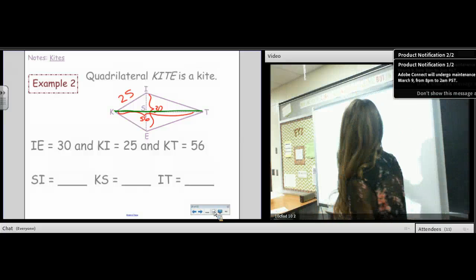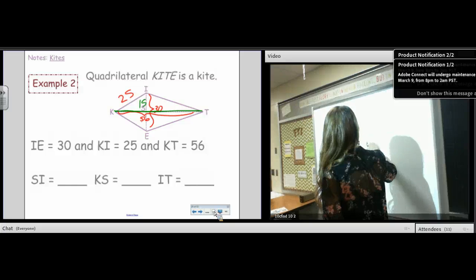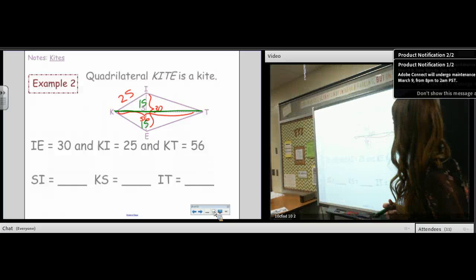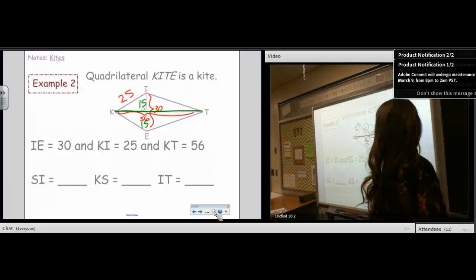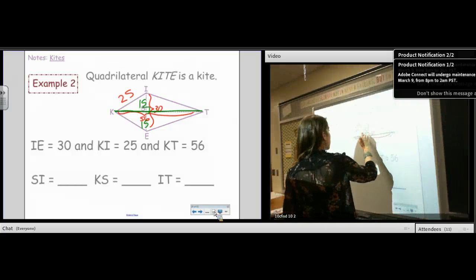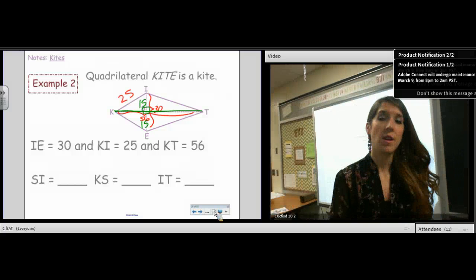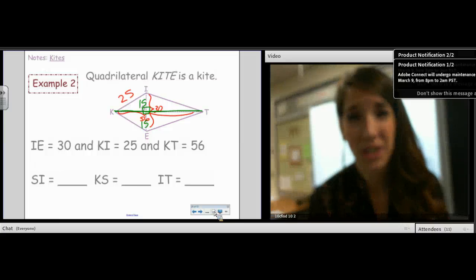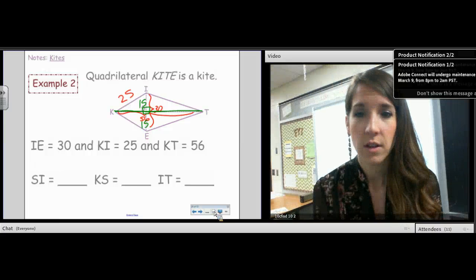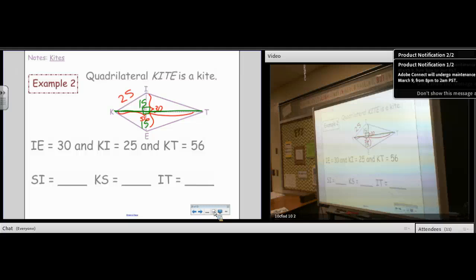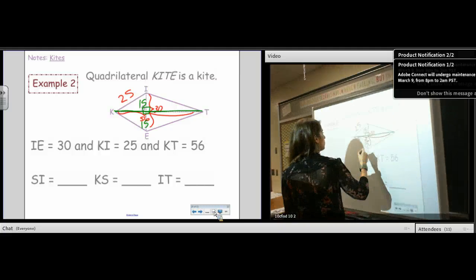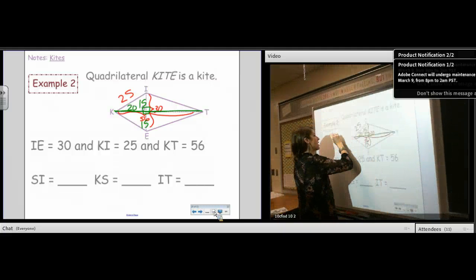Good job. 15, 15. In a kite, just like in a rhombus and a rectangle really, and a square, you get to do Pythagorean theorem a lot because you've got lots of right triangles. So you're going to want to do Pythagorean theorem. 25 squared minus 15 squared. Pythagorean theorem, you get 20.